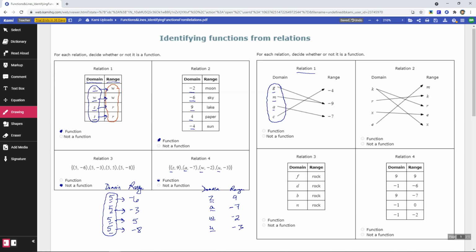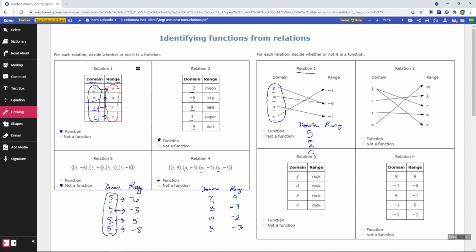G, M, A, and C. Okay, so we can rewrite that as a table. So G, M, A, and C, and then look at where the arrows go to figure out what the range is.